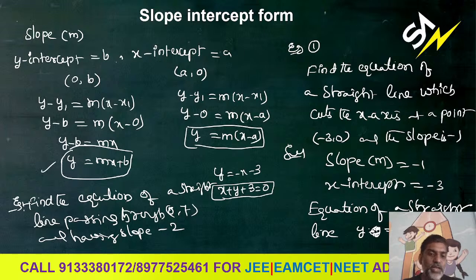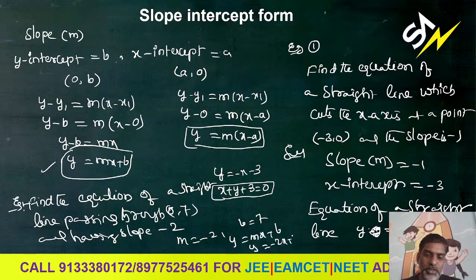Here m is given as minus 2, and the y-intercept is given, b is equal to 7. Then what is the equation? y equal to mx plus b. Then y is equal to minus 2x plus 7. That's it. Okay.